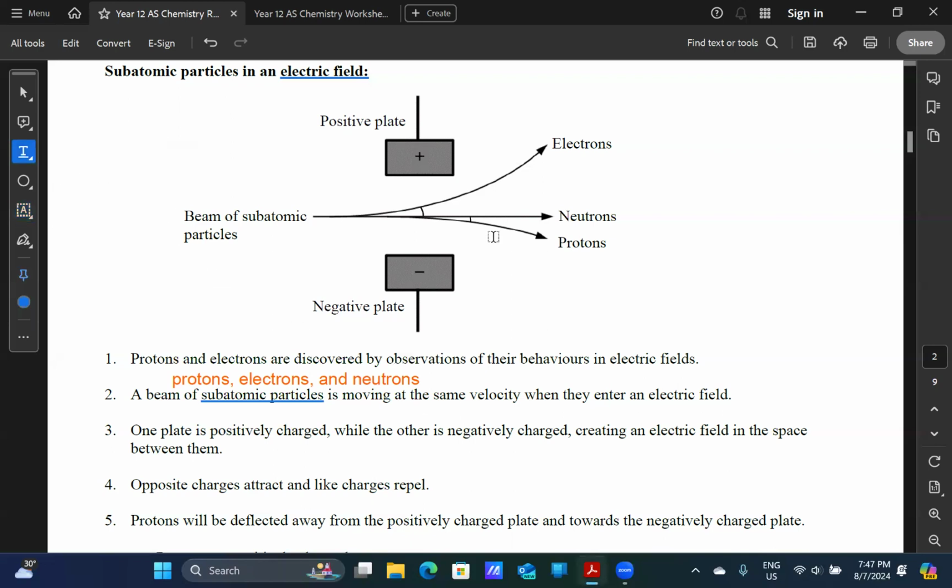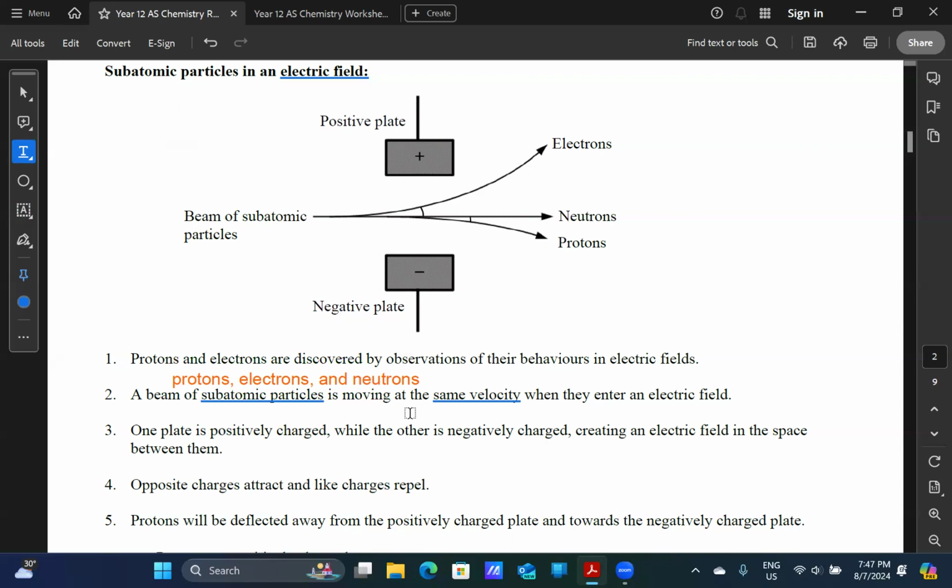To perform this experiment, these three types of subatomic particles have to travel at the same velocity. Velocity actually is the speed with direction.